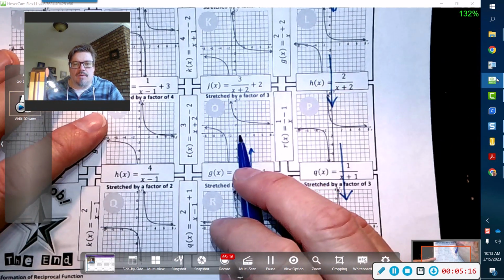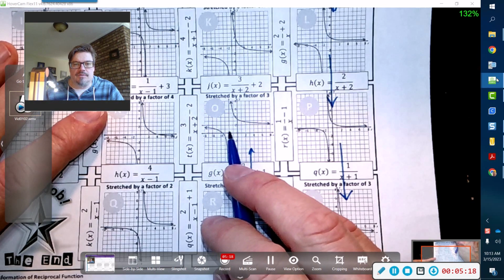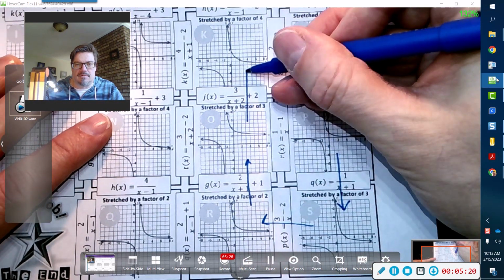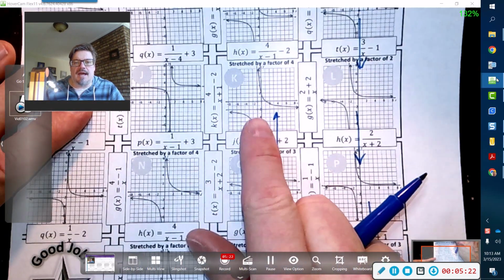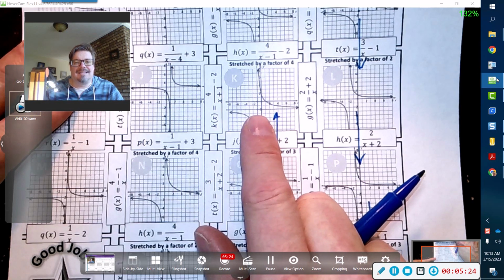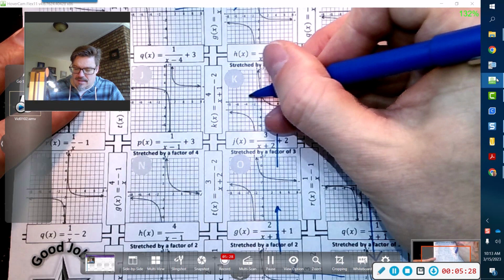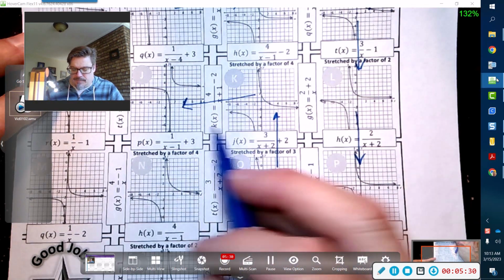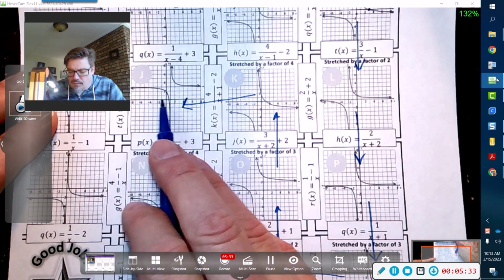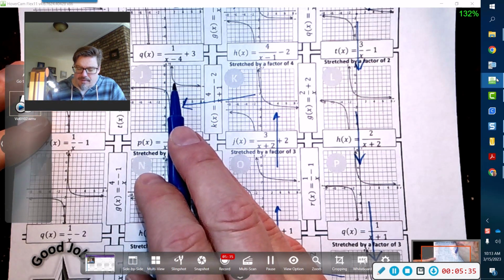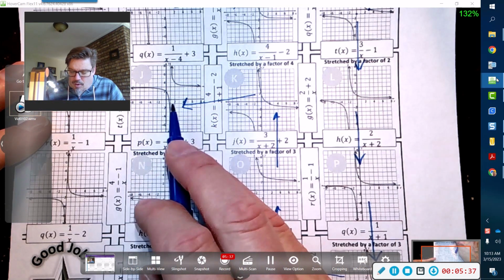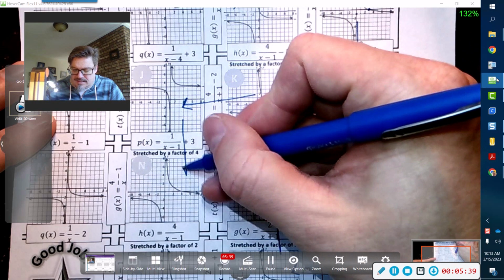This guy is going to the left 2, up 2. So that's this guy here. This guy is going to the left 1, down 2. So left 1, down 2, stretch factor of 4. That's this way. This guy is going to the right 1, but he's also going up 3. I'm sorry, he's going over to the right 1, up 3. That would be this guy.